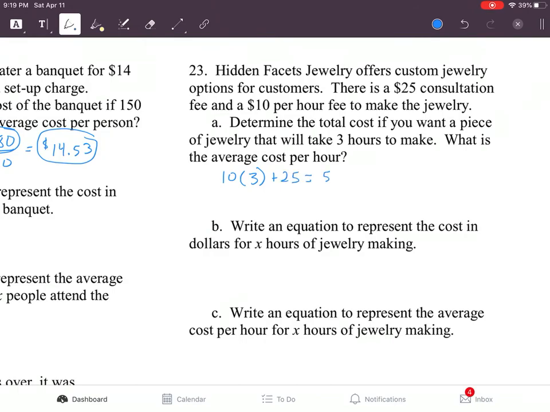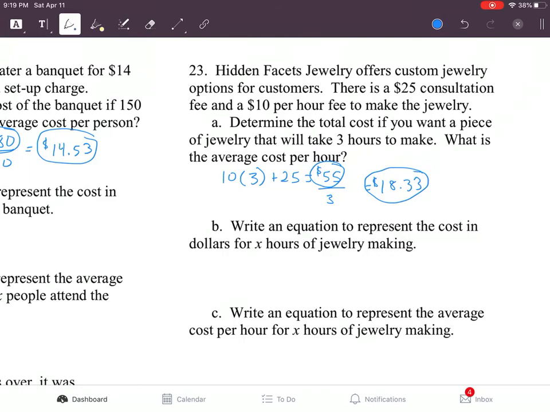That gives us $55. To find the average, you take your 55 and divide it by the hours you worked, which is 3, and that gives you $18.33. So these are your two answers.